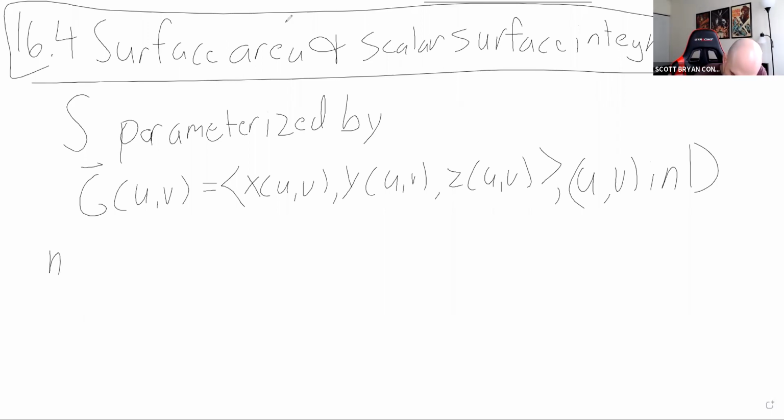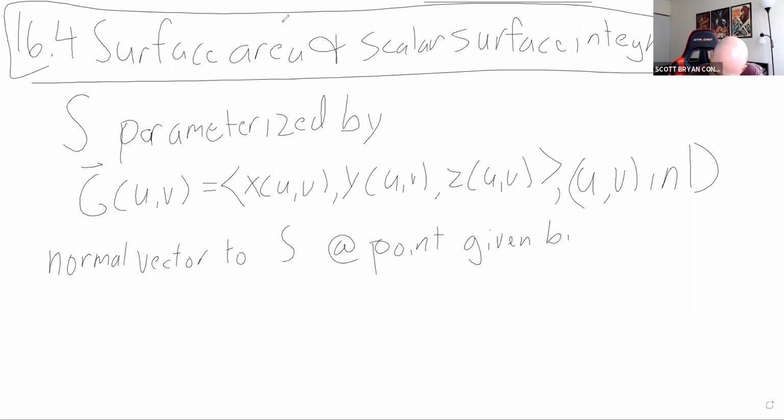So we saw a normal vector to the surface at the point given by g of u naught v naught.